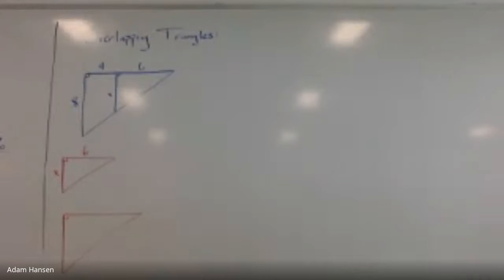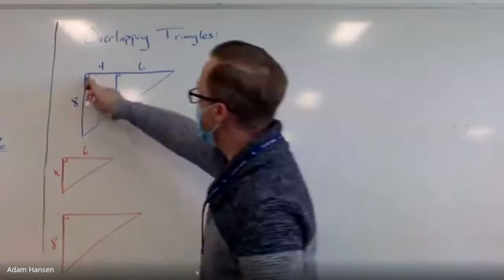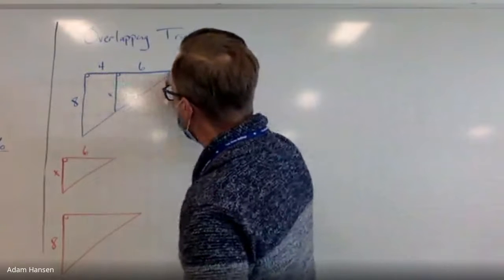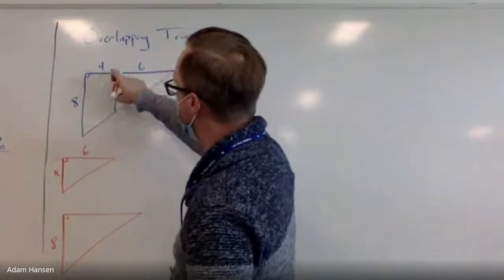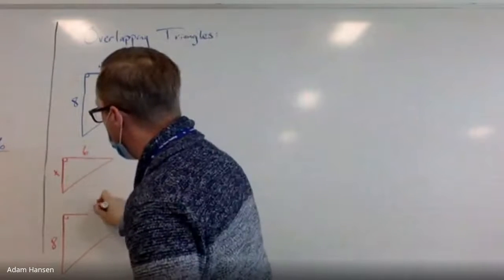In the larger triangle, the lengths are added together, right? The entire distance from left to right is split into two pieces. One has a length of 4, the other has a length of 6, so altogether it's not just 6, it's a length of 10.